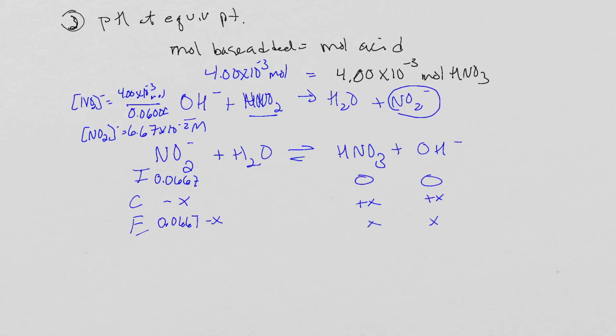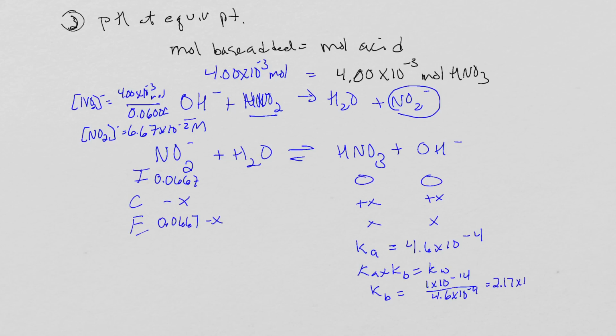We don't have the Kb directly, but remember the Ka of our acid is equal to 4.6 times 10 to the negative 4, and we know that Ka times Kb equals Kw, so Kb will equal our Kw, 1 times 10 to the minus 14, divided by our Ka, which is going to equal 2.17 times 10 to the minus 11.